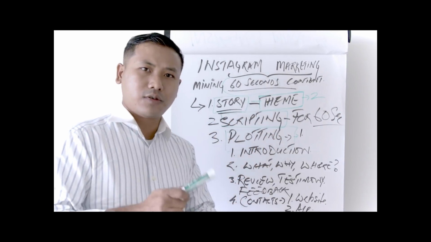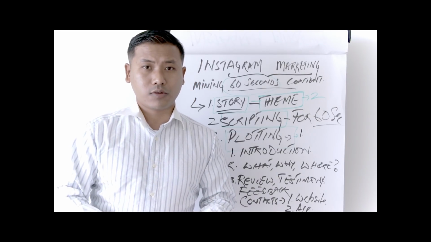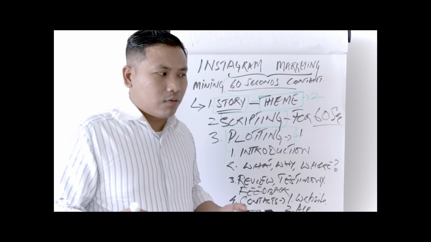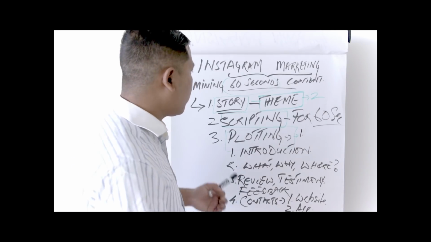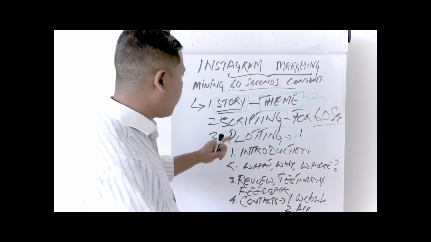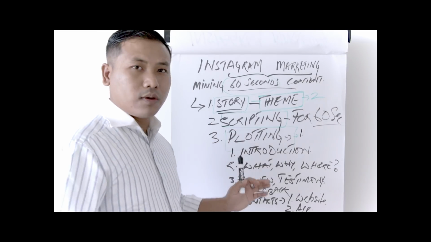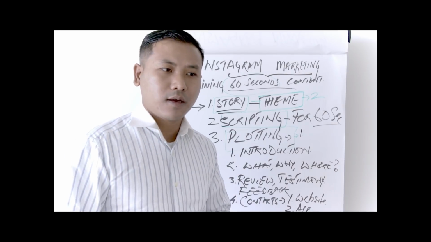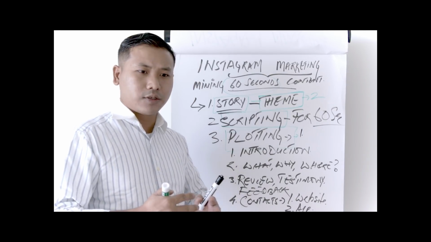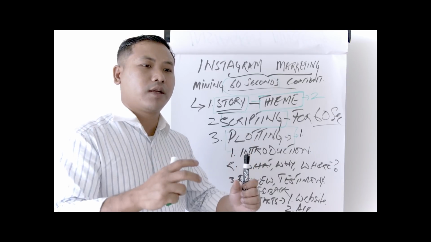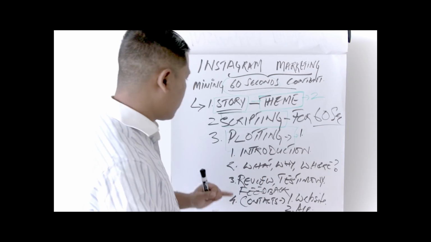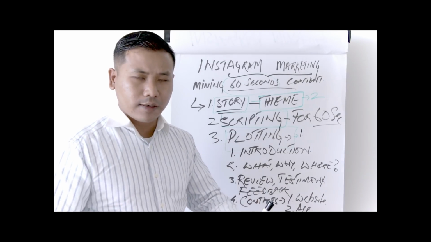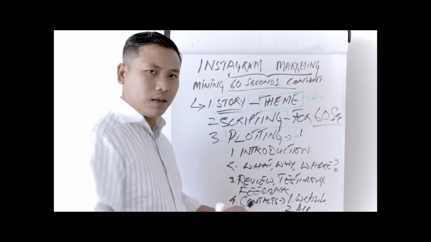So if you're introducing a new product, or a new service, or launching a new business, that could be the thing. And the second thing is you want to write down a script, so that you understand what you're trying to achieve, what you're trying to put in that content, and what you're trying to show or explain to your crowd, to the people.